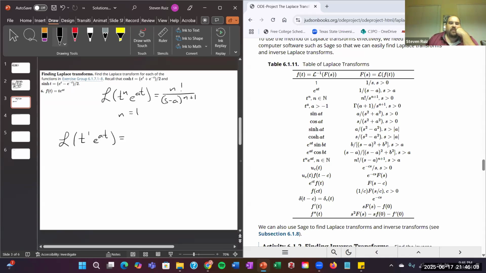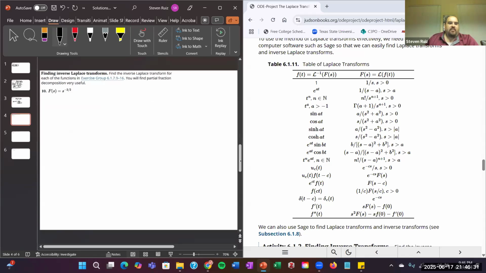That's equal to 1 factorial over s minus a to the 1 plus 1, or 1 over s minus a squared. All right, so that is the Laplace transform of t e to the at.